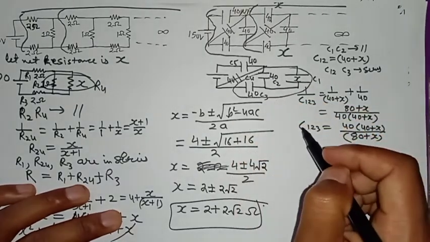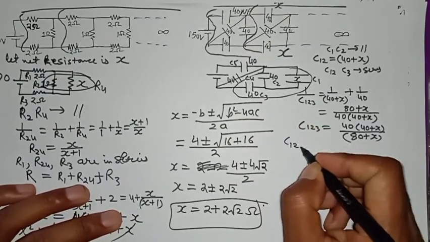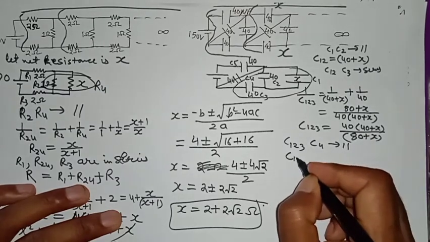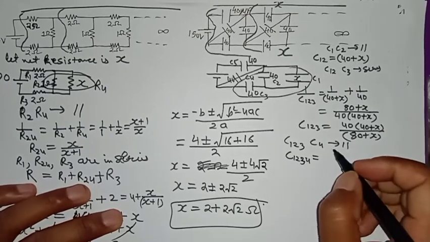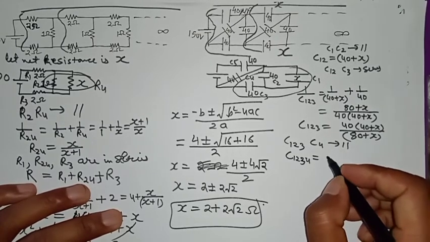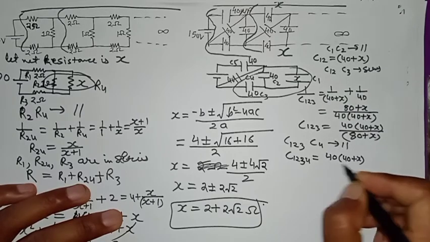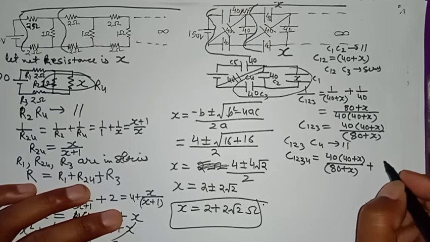Now C123 and C4 are in parallel. That is much easier. Handling parallel in capacitors is much easier. So that is 40 plus X upon 80 plus X plus 40.